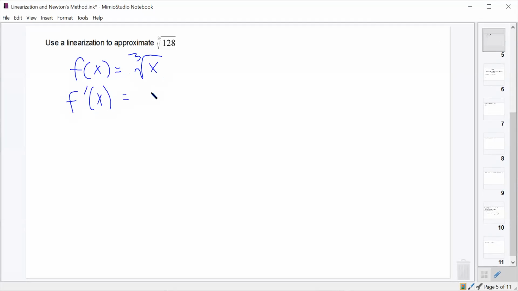This is x to the 1/3, so that should become 1/3 x to the negative 2/3, yeah? And what's the a value that you're going to center your approximation at that you know the cube root of? 125. 125 sounds good, since we know that the cube root of that is 5, and then our x value is obviously 128. That's our value there inside the cube root. Everybody good with that?